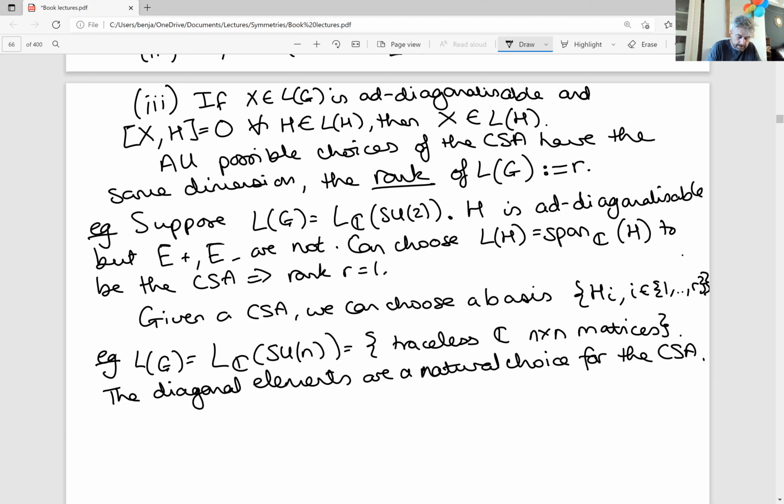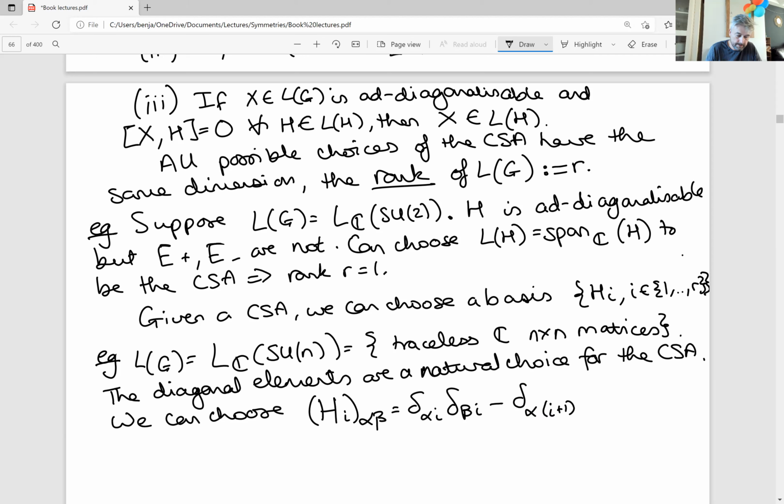So in particular, we can choose (H_i) alpha beta is delta alpha i delta beta i minus delta alpha i plus 1 delta beta i plus 1, where we have no sum on i there.